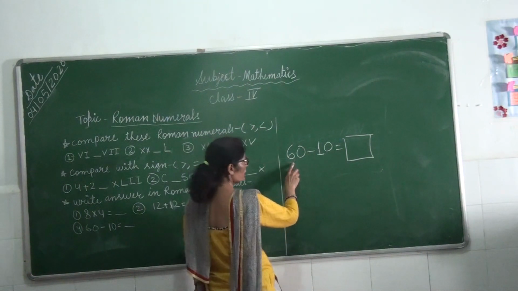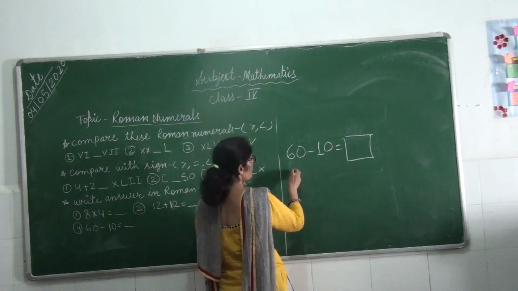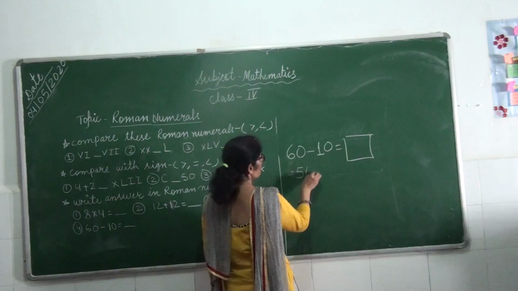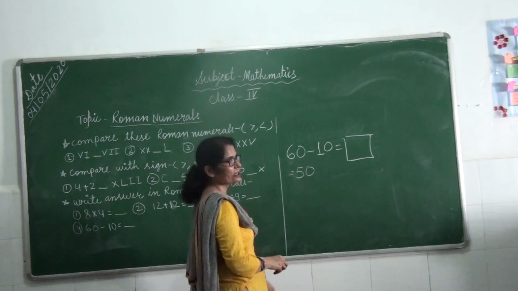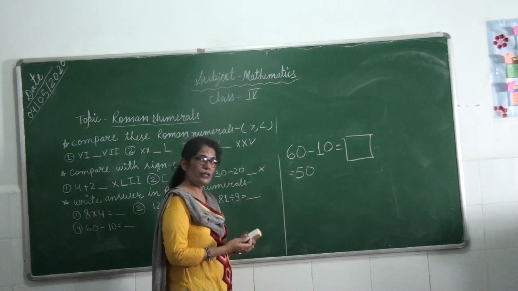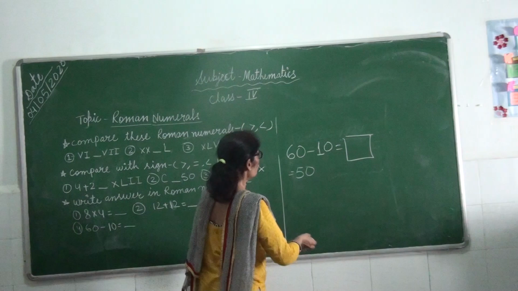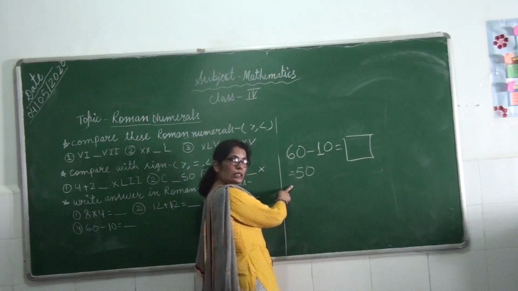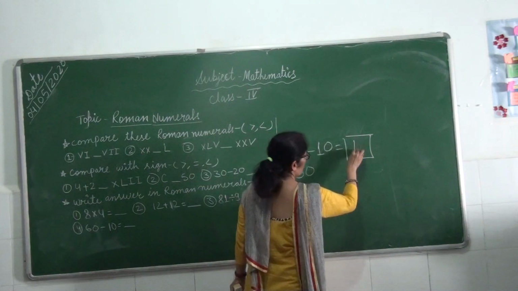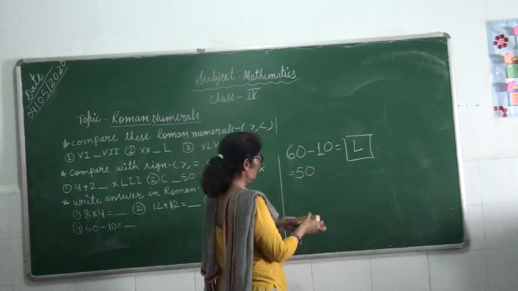Then 60 minus 10. 60 से 10 कम किया. What number we will get here? We will get 50. Then we have to write the 50 in Roman numerals. In the previous video I told you how we can make the Roman numerals, and for 50 what letter will we write? 50 के लिए कौन सा letter लिखेंगे? L. The answer will be L. L means 50.